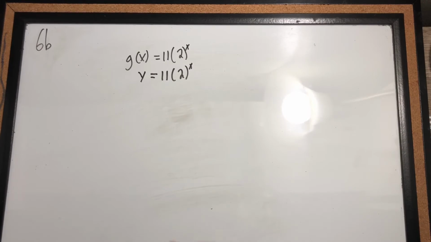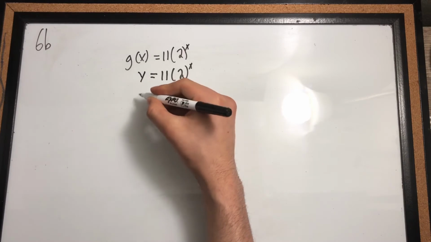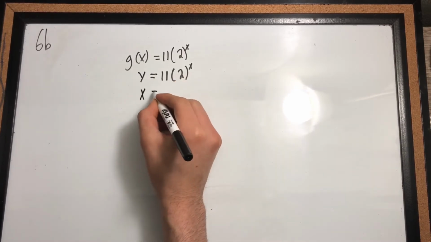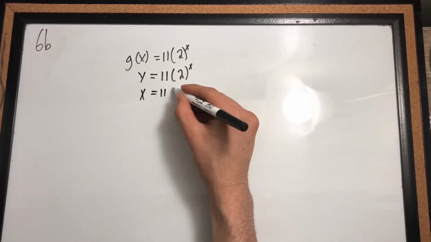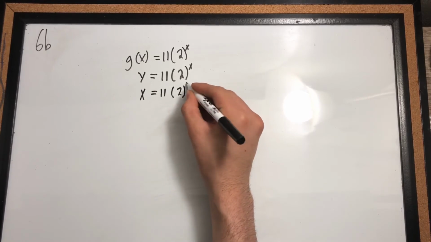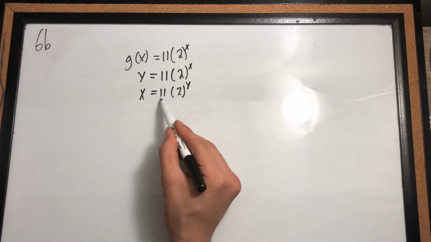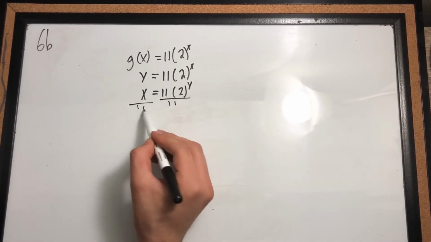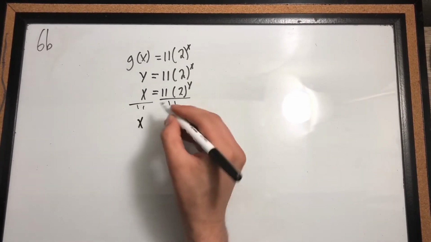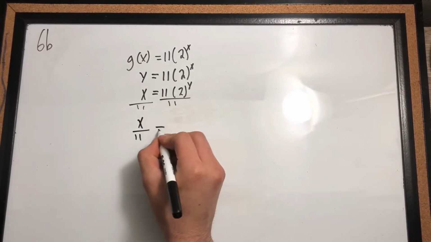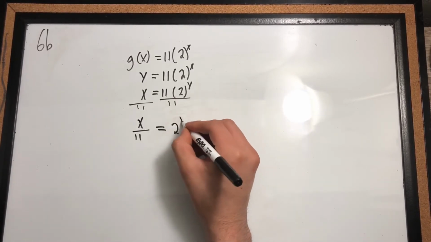After this, you're going to switch x and y. So x equals 11 times 2 to the power of y. After you do this, you're going to divide both sides by 11 to get rid of that 11. And you get x over 11 equals 2 to the power of y.